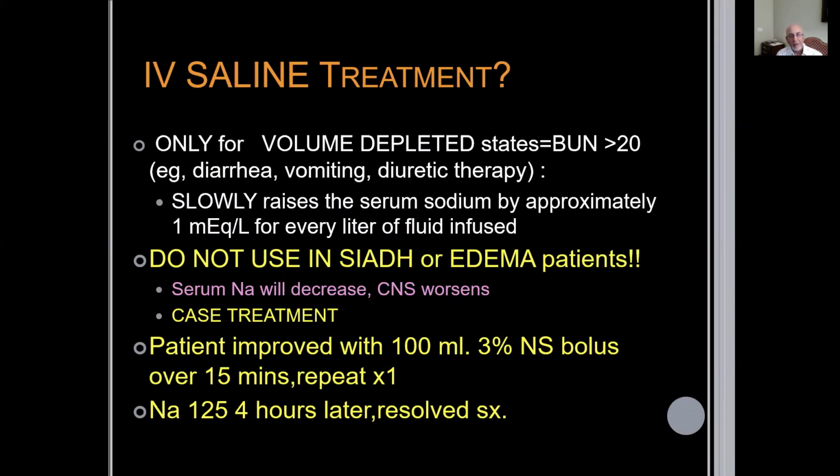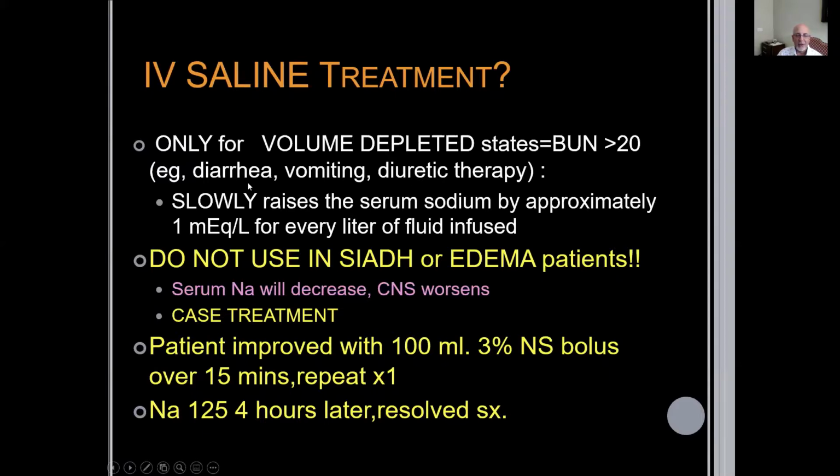So what is the treatment? What I have found is that many times we resort to giving IV saline in the hope that it will correct hyponatremia. Well, in most cases, you would be wrong. The only situation in which IV saline will help a patient to improve the serum sodium is when they're clearly volume depleted.